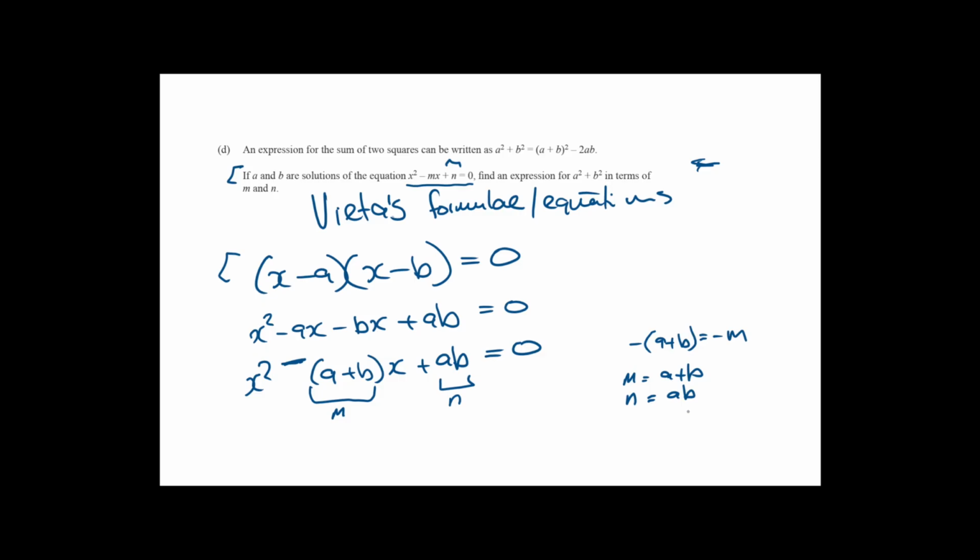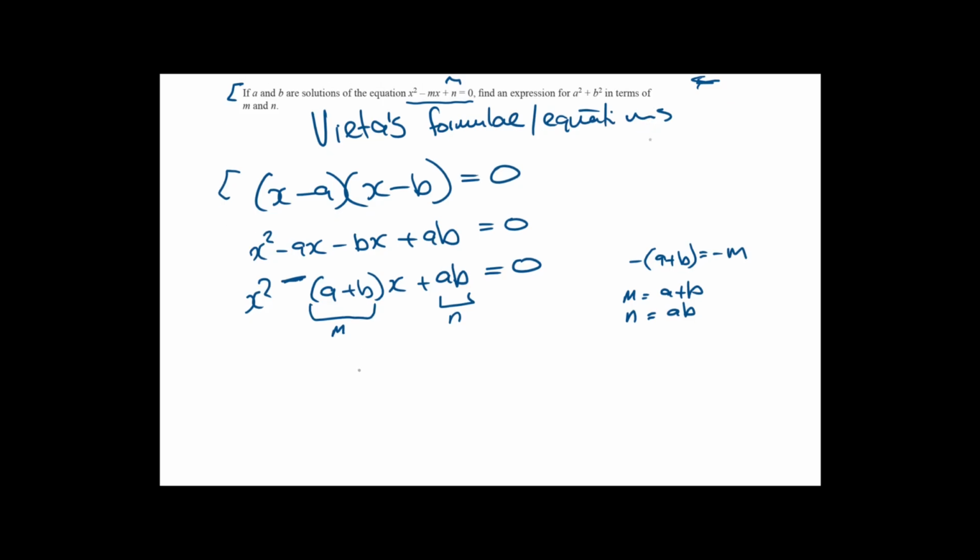So far so good. Now we have AB and we have a plus b in the brackets. We have a plus b up here, and we have AB, and we can substitute that in N and M now.